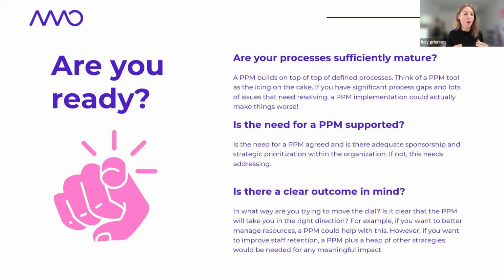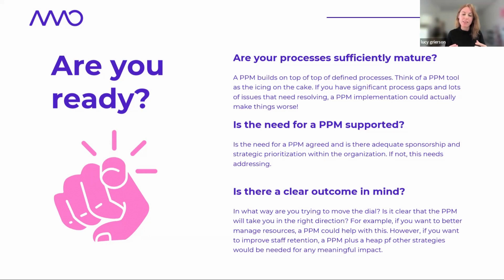So in terms of the PPM, if we're looking just at an example here, and there's many examples that we uncover with our clients, but for instance, if you're wanting to improve your resource management, there's some things that the PPM tool can help with. So certainly it can help with booking resources and forward planning and having that oversight and understanding where those conflicts are. It can really bring that to life.